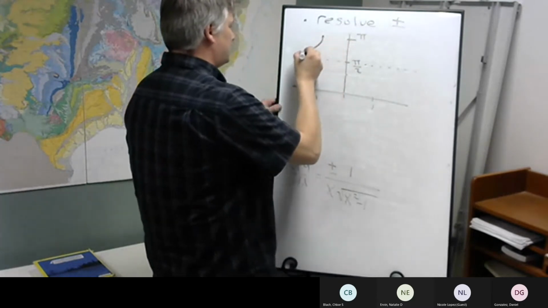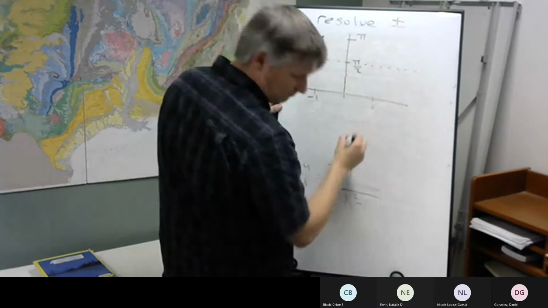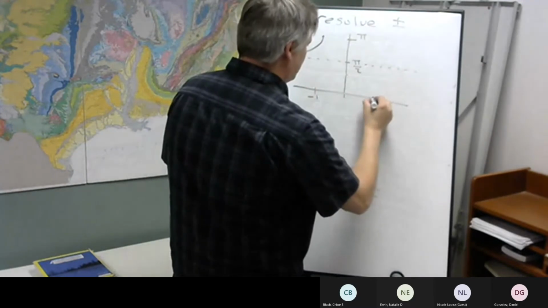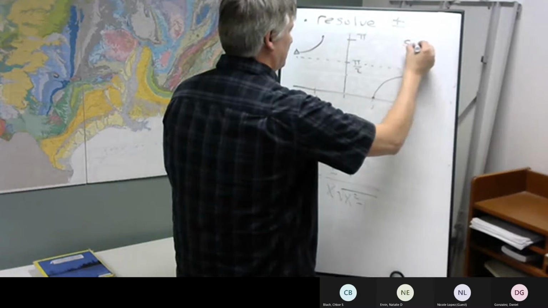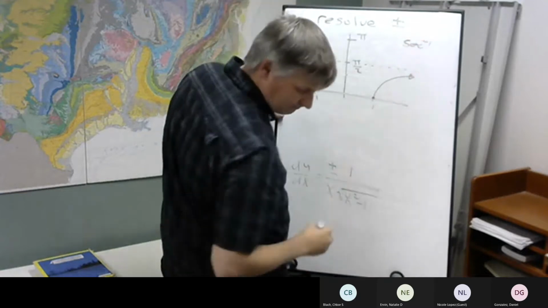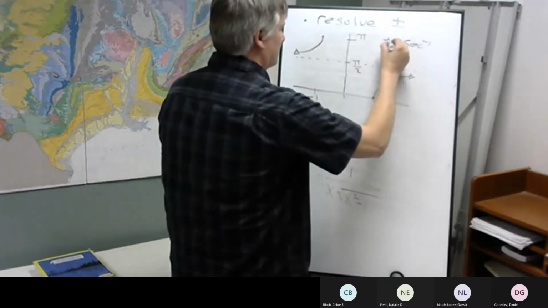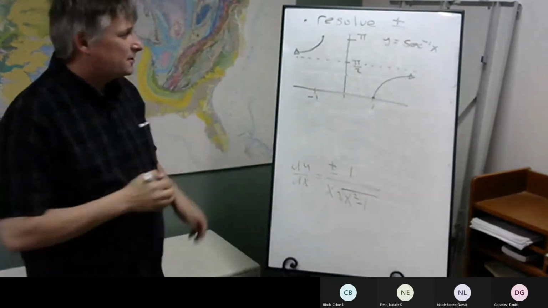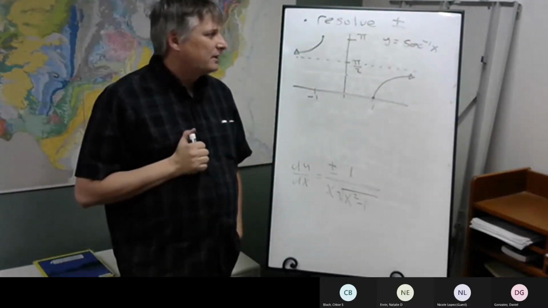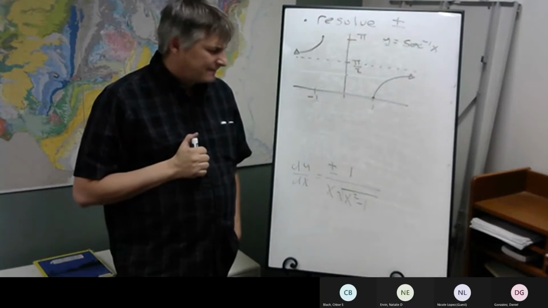We're going to get something like this. So this is our graph of y is secant inverse of x.